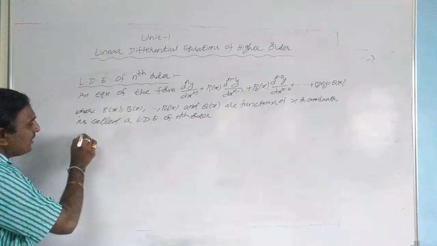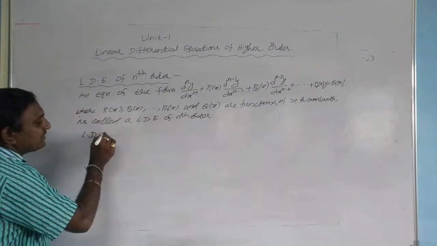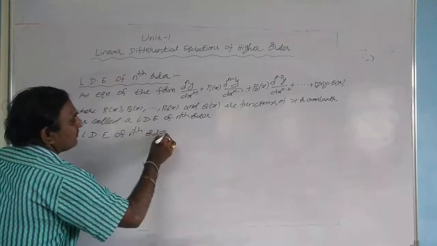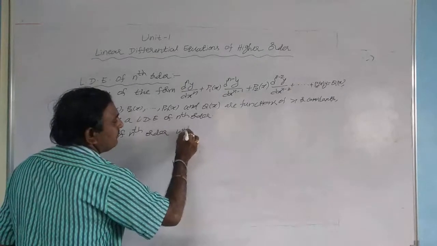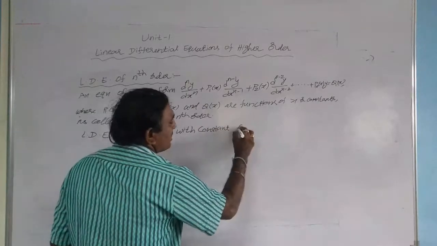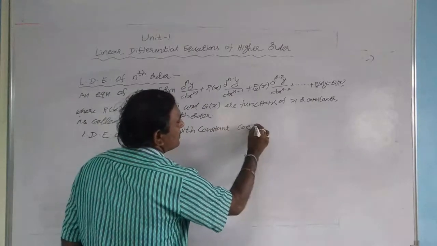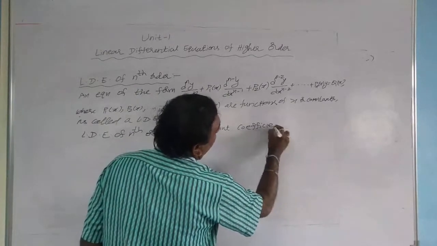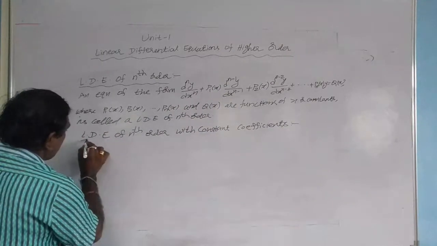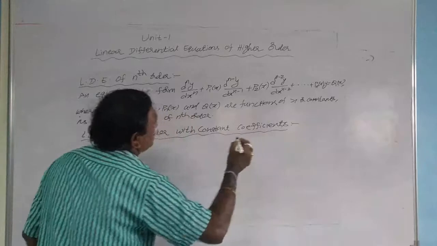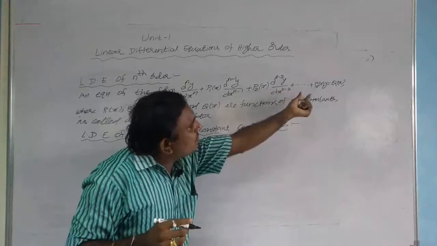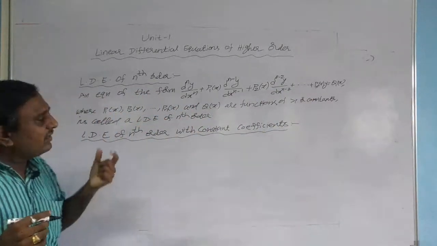Now we have to know the definition of linear differential equation of nth order with constant coefficients. Just see, in this linear differential equation of nth order, in the place of p1 of x, p2 of x, and so on, pn of x, take the constants, right? Then you can get the definition.